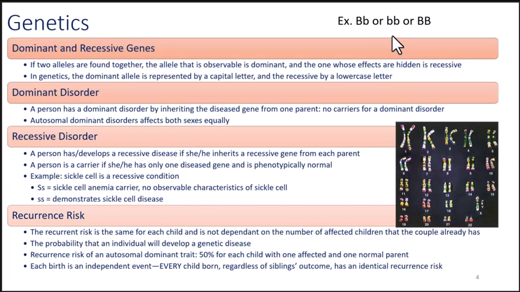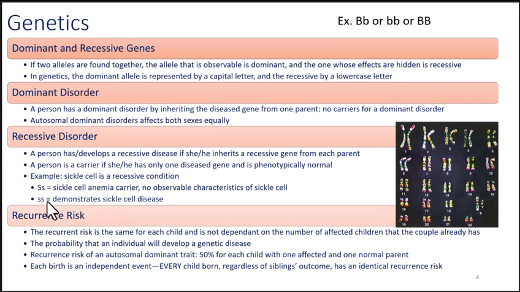So if an offspring inherits the recessive gene from both parents, then it will be expressed. But if they only inherit it from one, then they're going to have one healthy gene and one recessive gene that is diseased. So let's see here. With sickle cell anemia, actually I have an example down here.